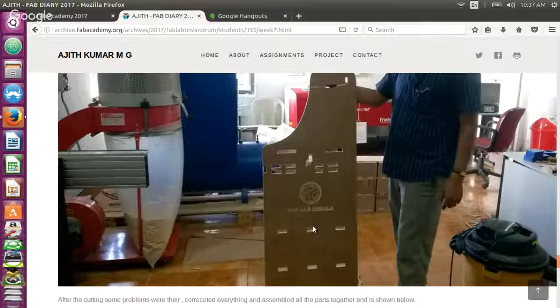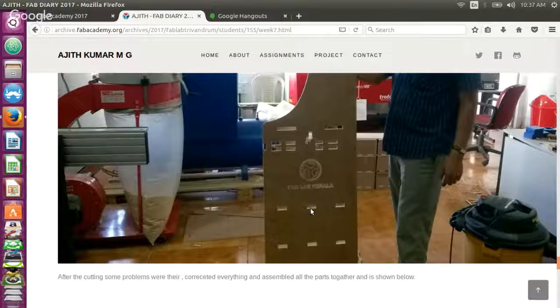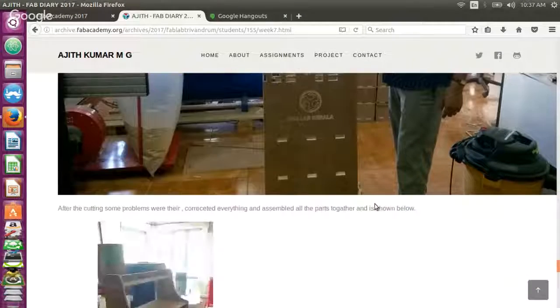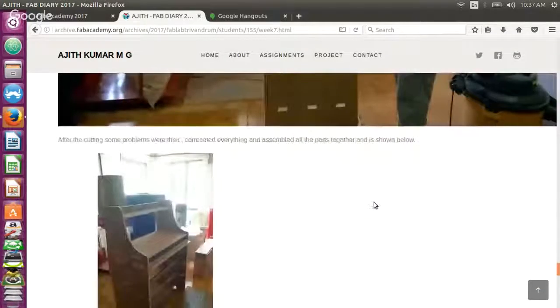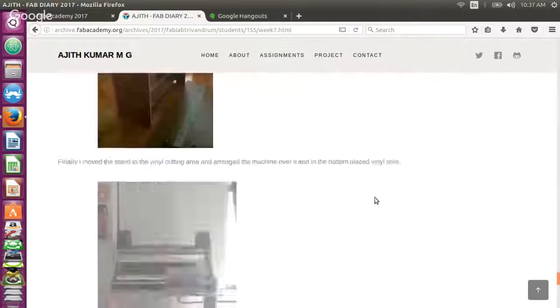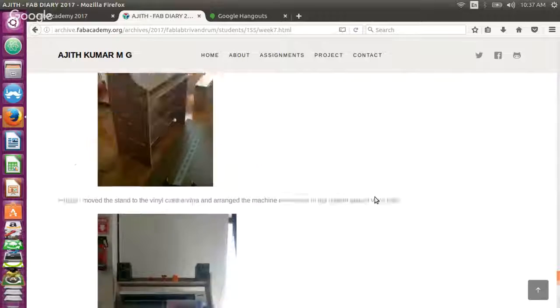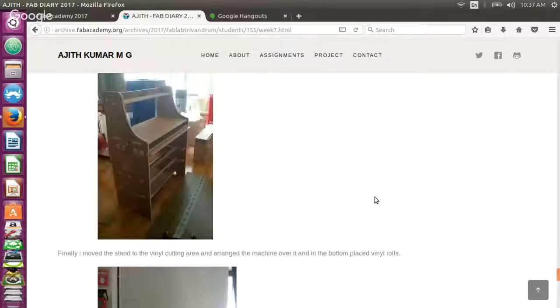This is for 18 millimeter plywood, and I gave 17.5 as the slot, a 0.5 tolerance. It was very tight, so I manually filed off the extra tolerance and assembled. You can see the assembled one.